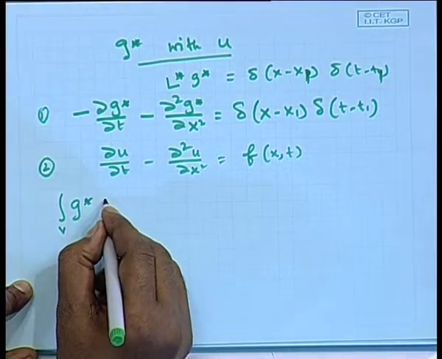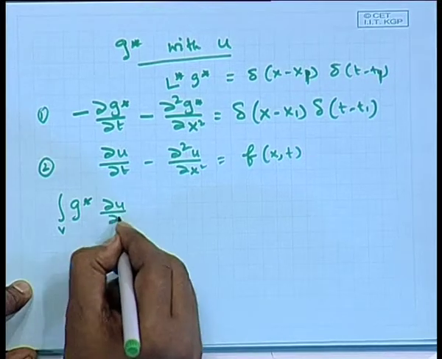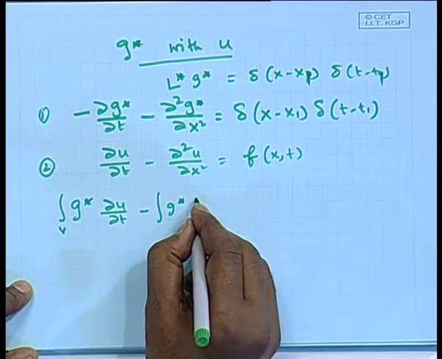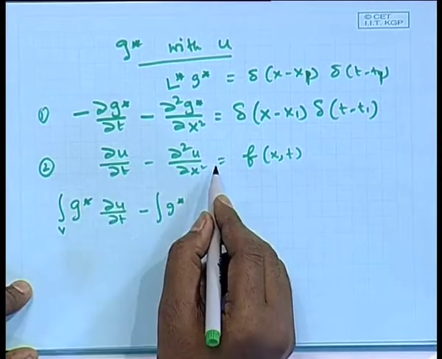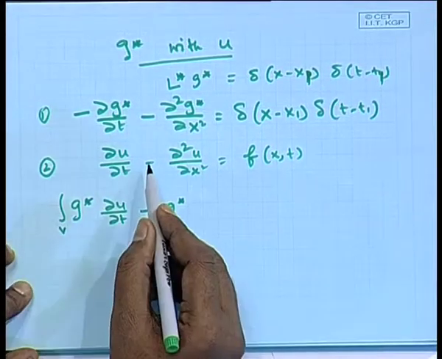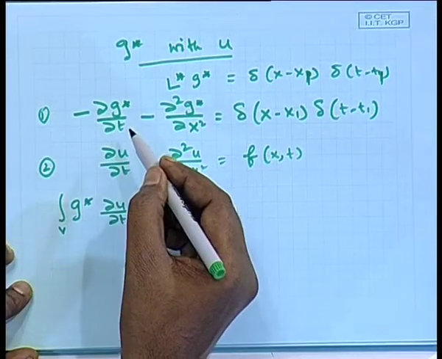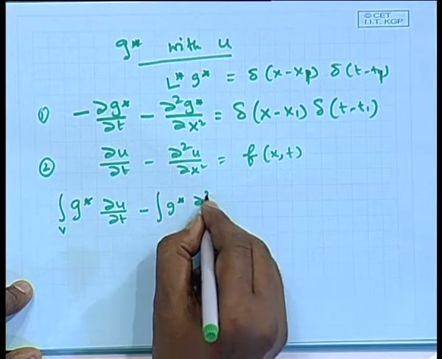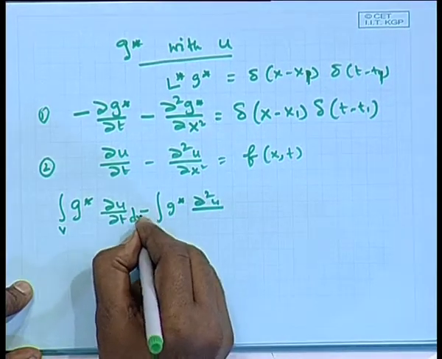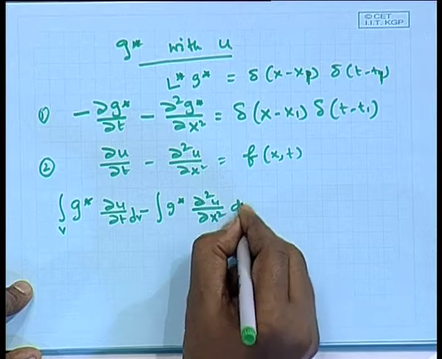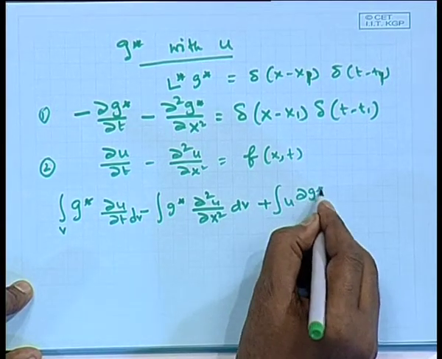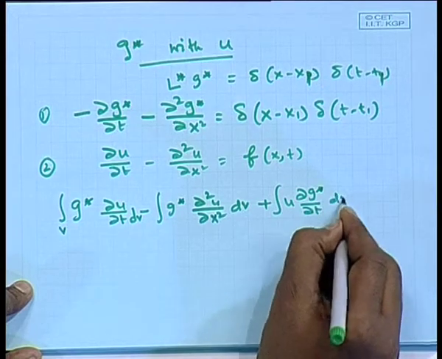G star del u/del t minus, I am writing this as the first one, 2 into G star minus 1 into u, G star del square u/del x square dV, plus u del G star/del t dV, minus, minus, plus.